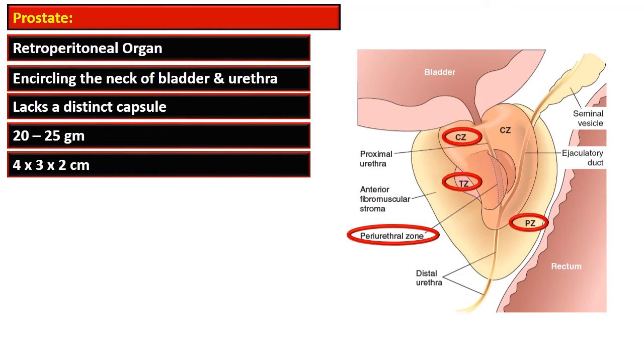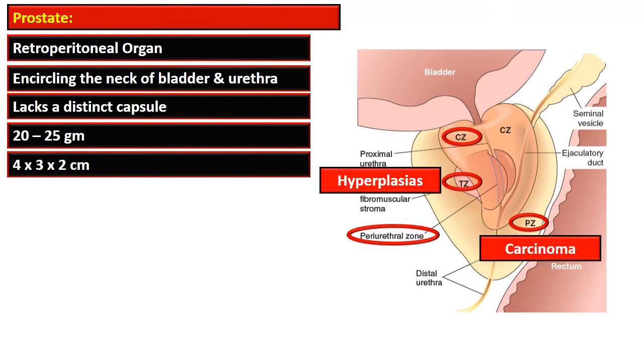Anatomically and biologically, this gland is divided into 4 distinct areas: periurethral zone, transitional zone, central zone, and peripheral zone. These areas are distinct as most of the hyperplasia arises in the transitional zone, while the peripheral zone is the site for most of the carcinomas.